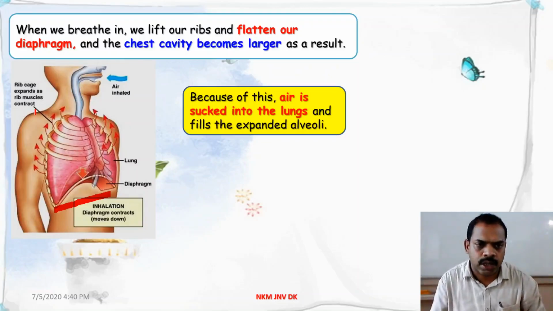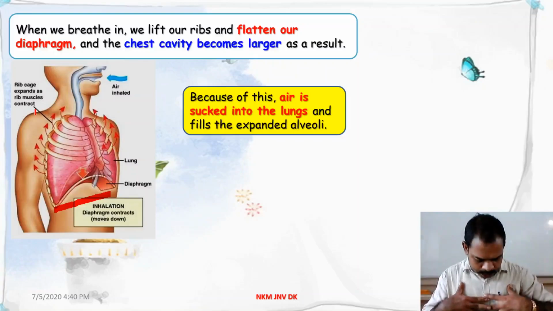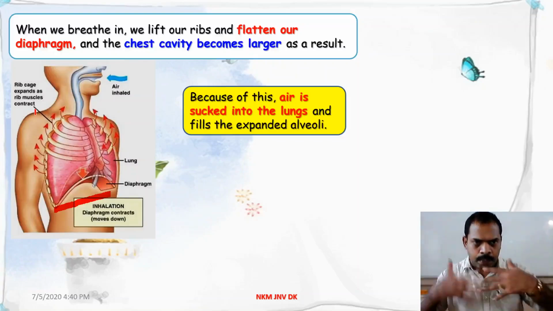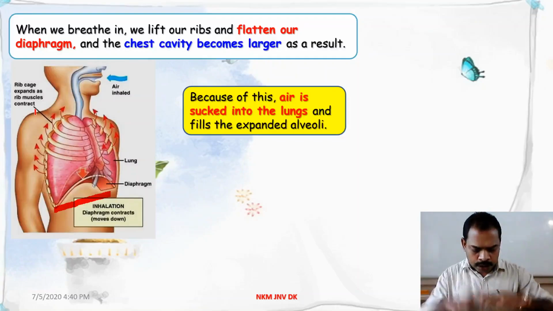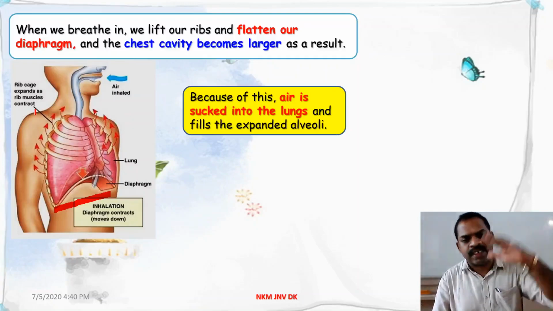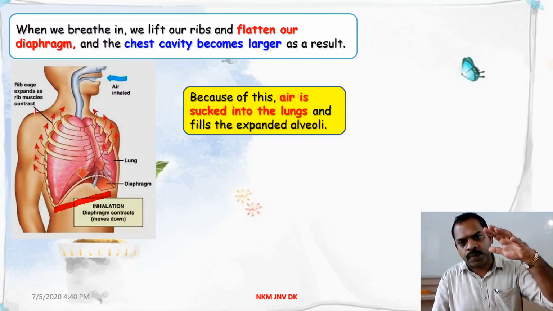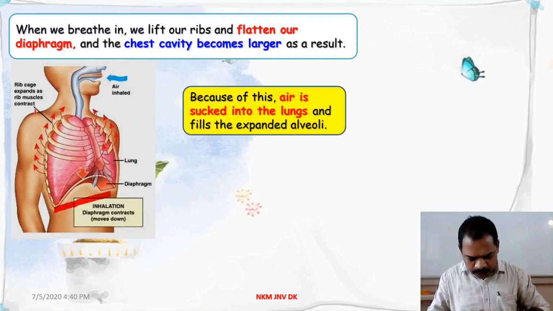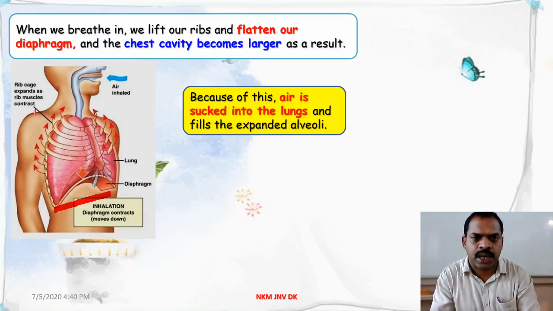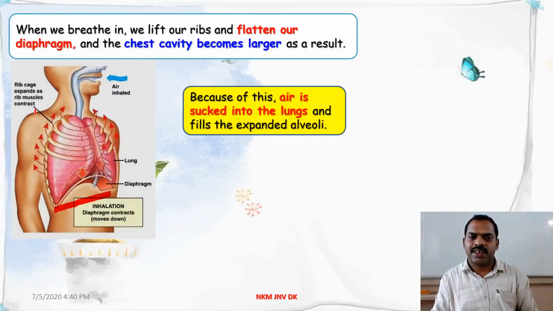The rib cage is coming front and up, and the diaphragm is going down, so the volume is increasing. When volume is increasing, what is the relation with the pressure? Volume increases, pressure decreases. Inside there is a little less pressure, and the atmospheric air has more pressure. Air will move from more pressure to less pressure without much effort.